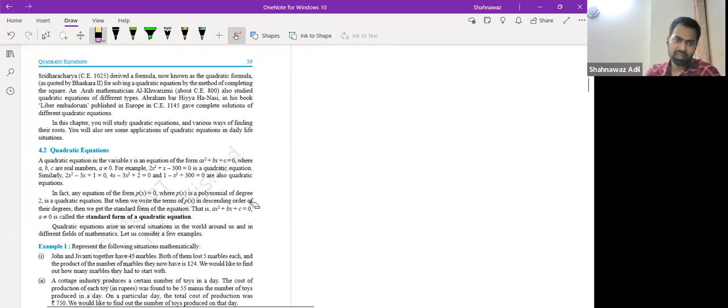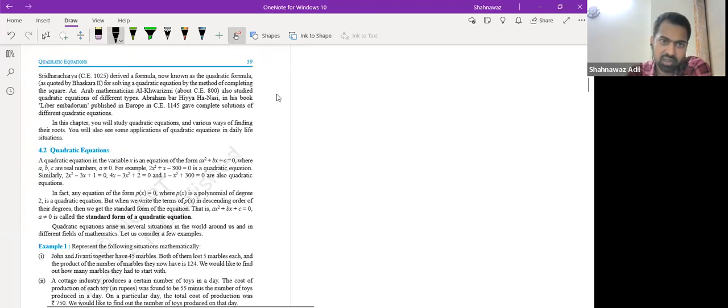John and Jivanti together have 45 marbles. Both of them lost 5 marbles each, and the product of the numbers of marbles they now have is 124. We would like to find how many marbles they had to start with, right?